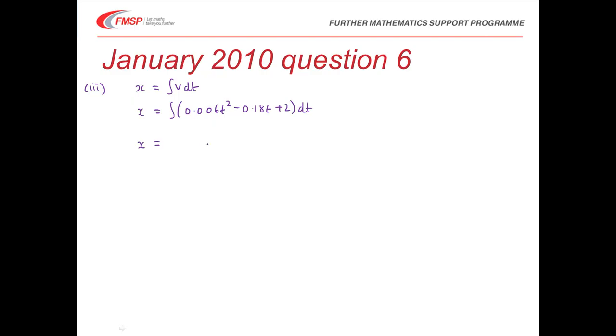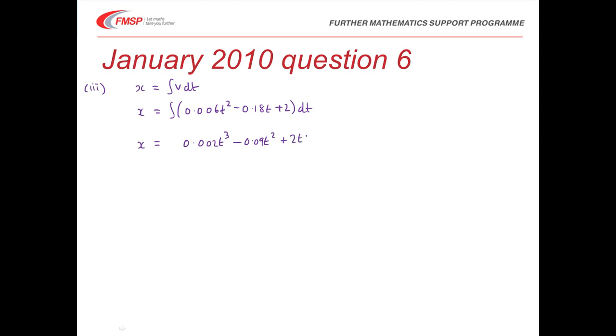Okay, integrating then, we increase the power and divide by the new power, so 6 divided by 3 is 2. Increase the power, divide by the new power, so I'm going to get 0.09 when 0.18 is divided by 2, and here it's just 2t.